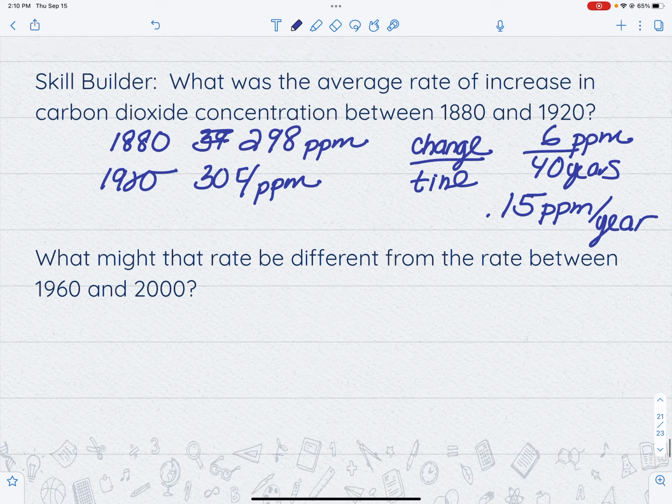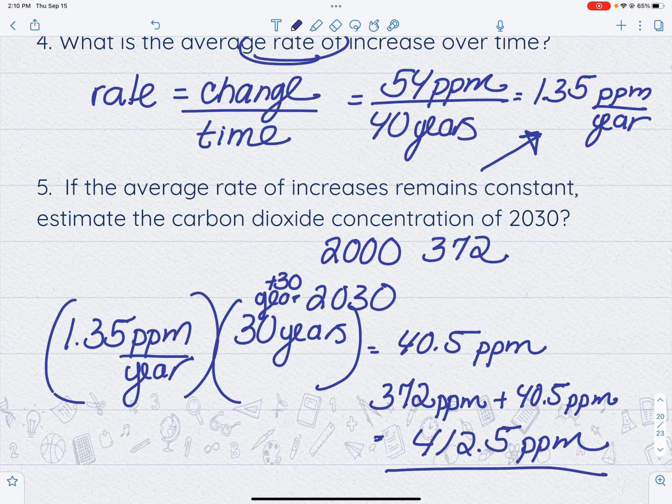And that is a lot smaller than what we found in number 4.